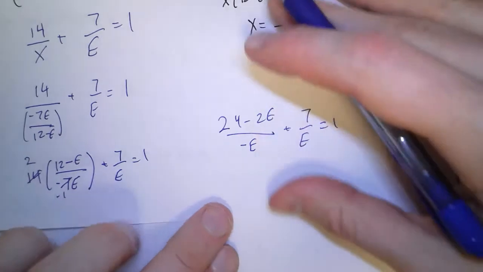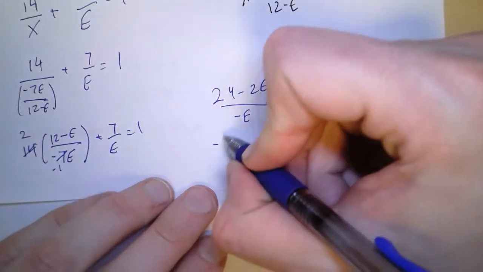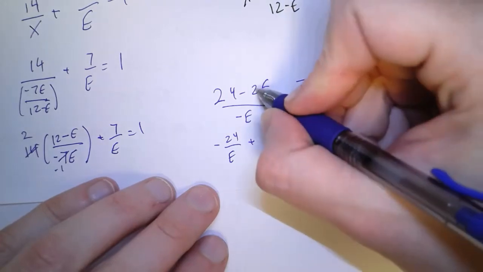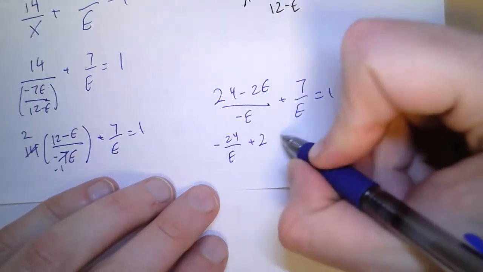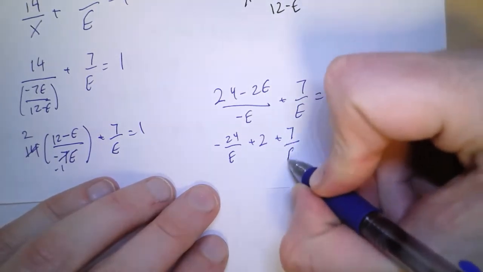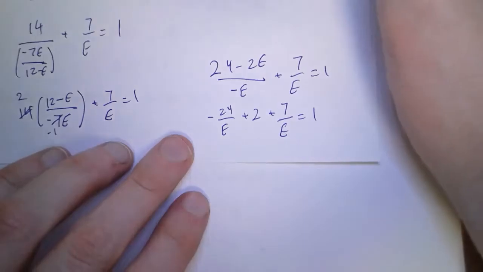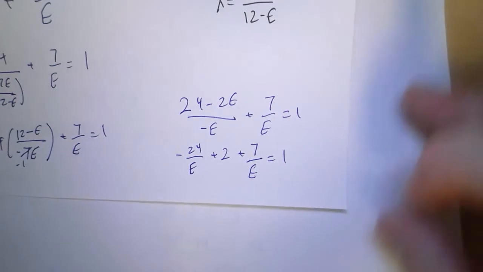Now we'll split up this fraction into 2 pieces. So we have negative 24 over E plus 2, because the E's cancel, plus 7 over E equals 1. All right, so now almost done.